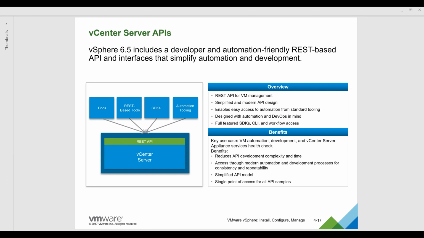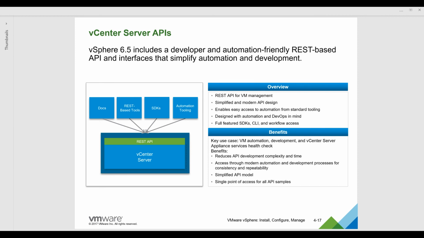We have the SDK for Java, the SDK for .NET, REST, Python, Perl, Ruby. Each of those SDKs contains automation of APIs, bindings to your vSphere, the vSphere Web Services API, API reference, and programming.